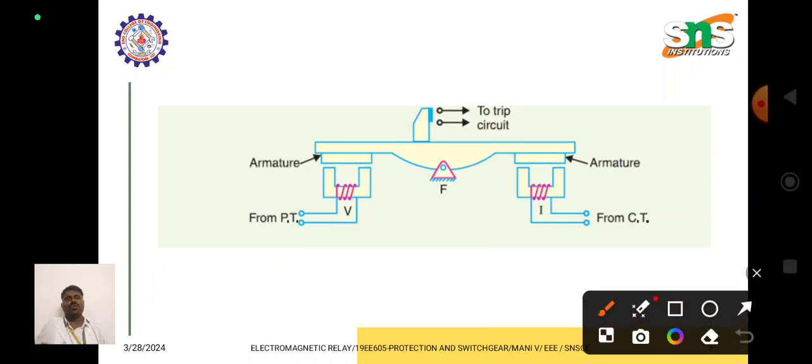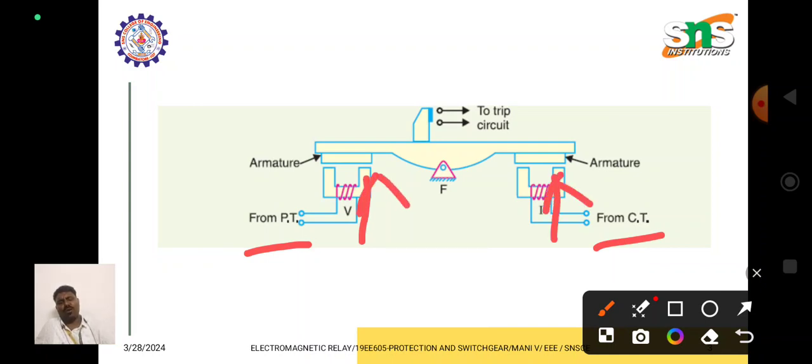From the PT and the CT, the flux produced by the first electromagnet and the flux produced by the second electromagnet, if both are equal, the armature is in a balanced condition. It will not move in any direction.